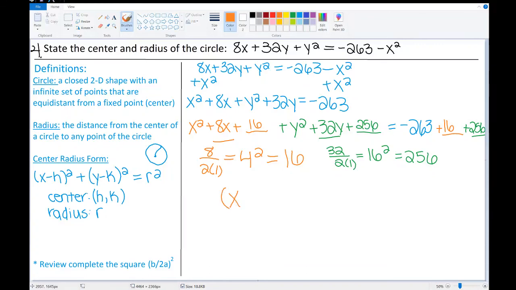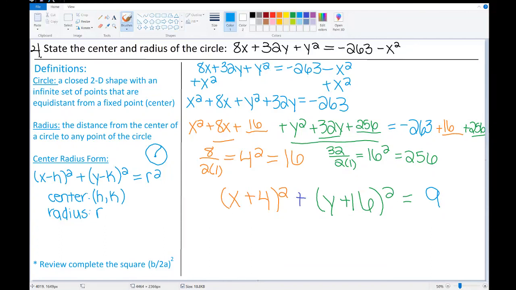It's going to be x plus 4 squared plus, I'll do green again, y plus 16 squared. That's the same thing as this. And if we just combine terms over here, add them all up, we get 9.